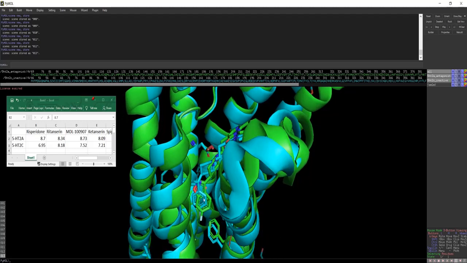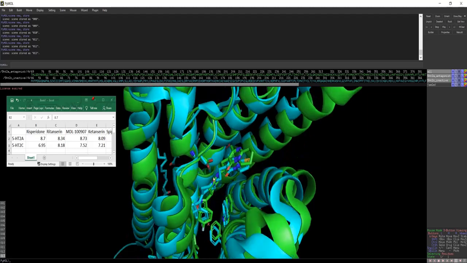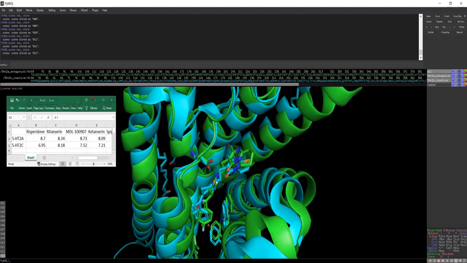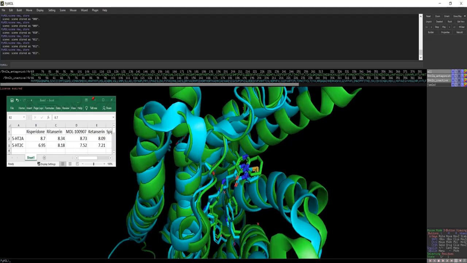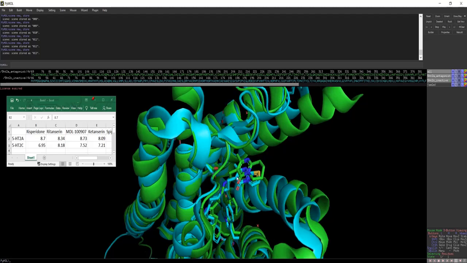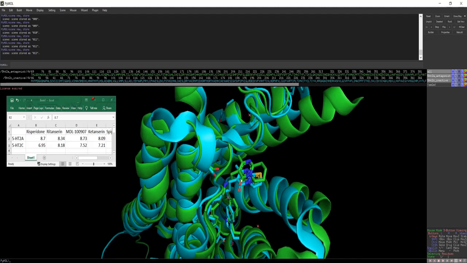They dip down approximately in the same position, they interact with that aspartic acid in the same position, and they bind to the extended binding pocket in relatively the same position. However, we can see here that risperidone is selective for 5-HT2A, whereas ritanserin is not selective for either receptor. We can see here that the risperidone does not bind in the exact same way as the ritanserin. It's slightly towards the left.